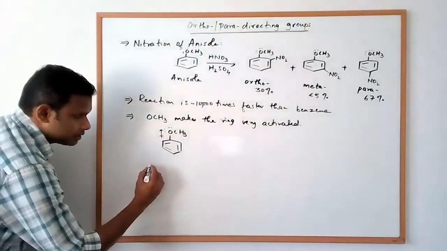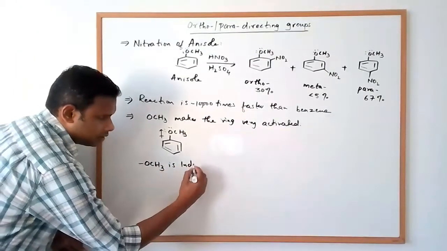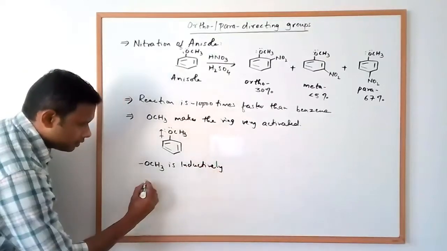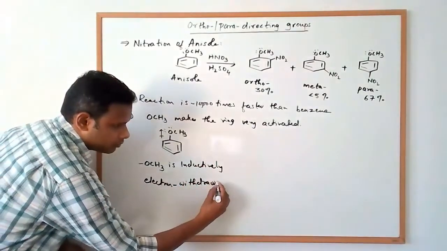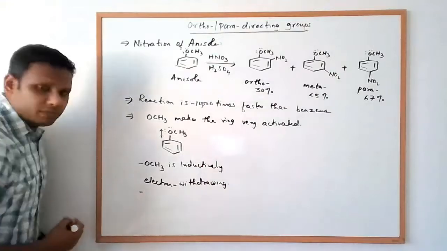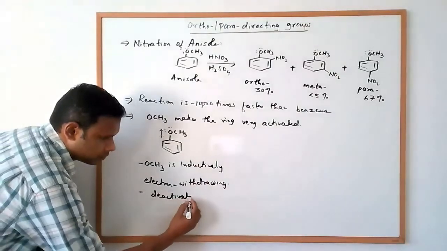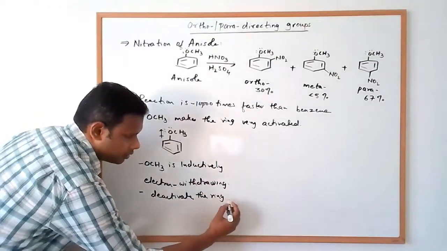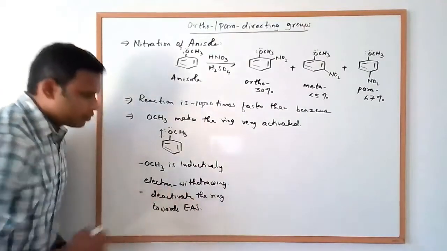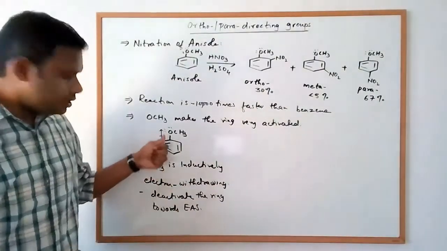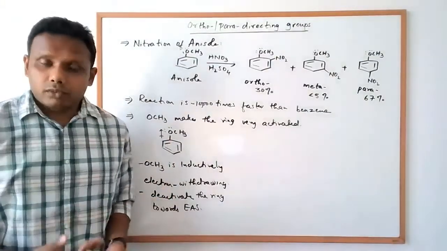And so we can say that the methoxy group is inductively electron withdrawing, which would mean that it should deactivate the ring towards electrophilic aromatic substitution.